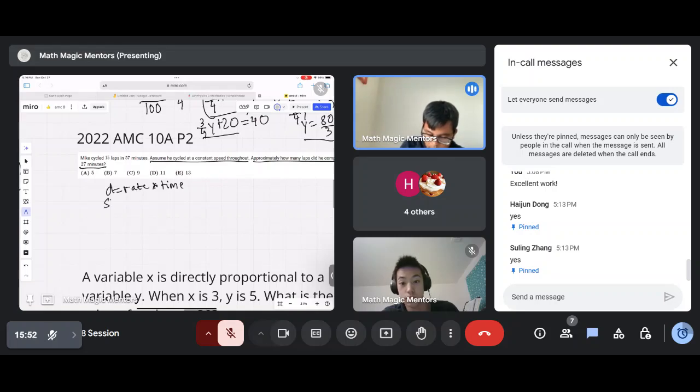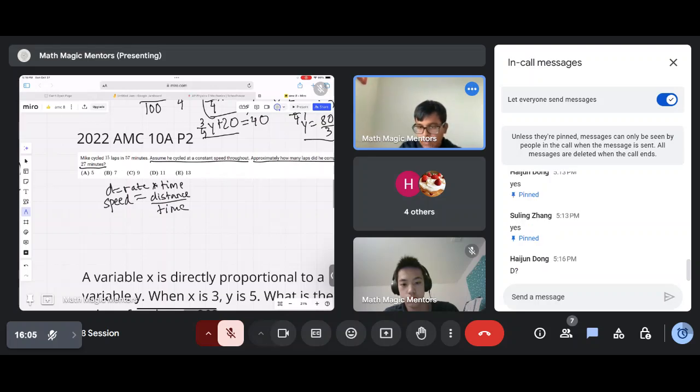And so speed, rate, that's the same kind of quantity here. So speed equals distance over time, right? And so now do people see what we can set equal to each other, or how proportions can be set equal to each other? Ratios, any ratios?